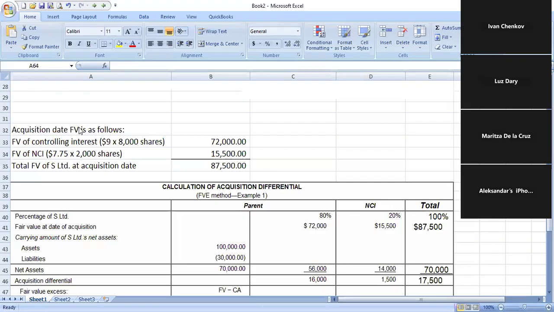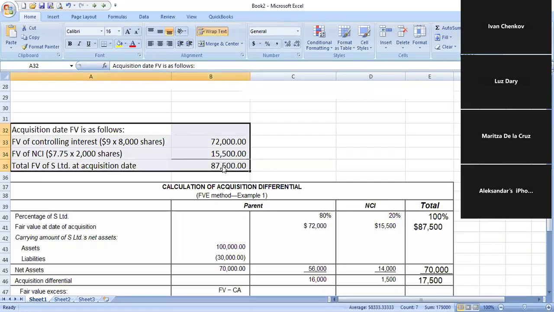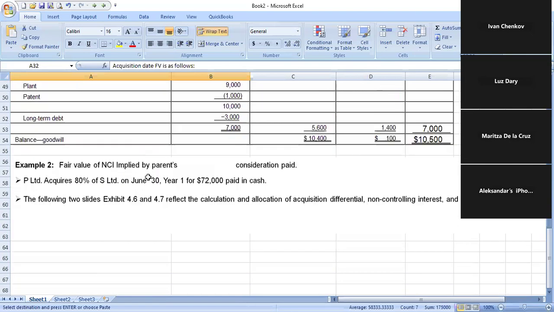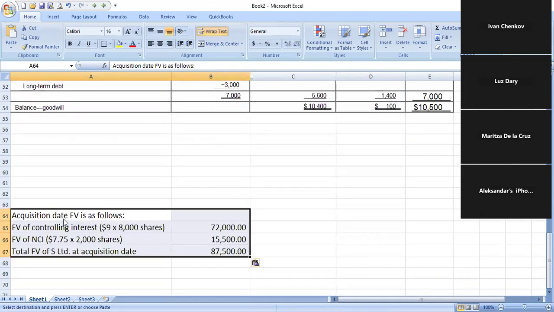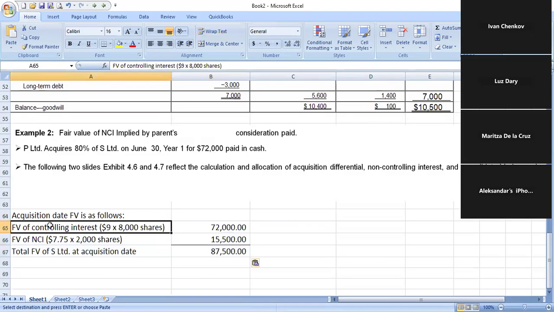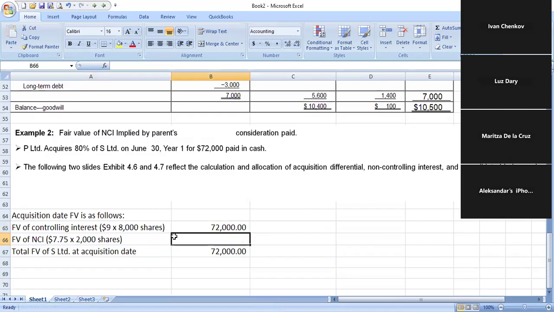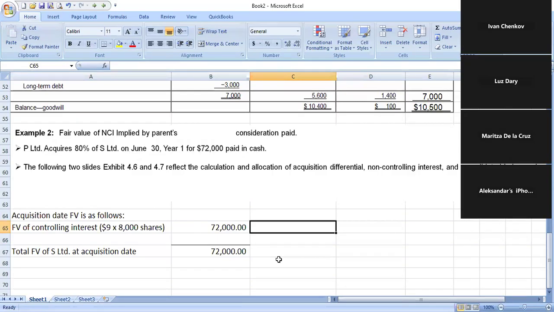Yeah. So in this case, we know the fair value. In this case, we don't. So what we know is, when we purchase 8,000 shares, we pay $72,000. How much is this per share? We have no idea. But the other thing that we know is those shares represent 80% of the total common shares, correct?